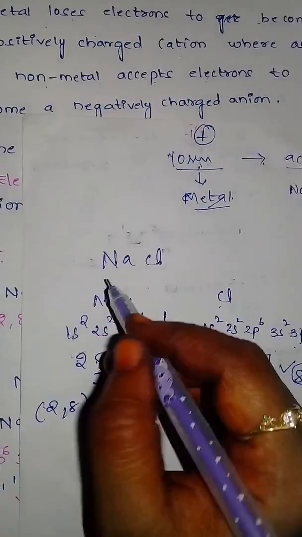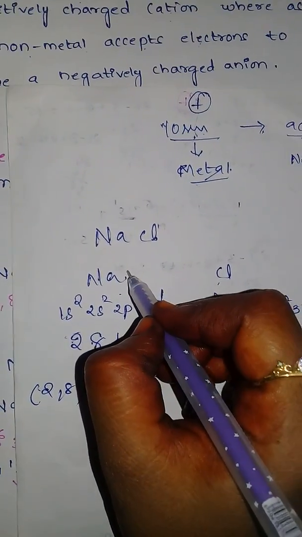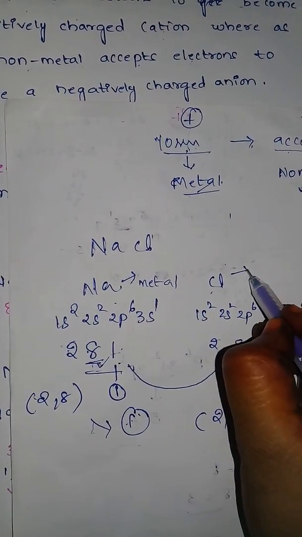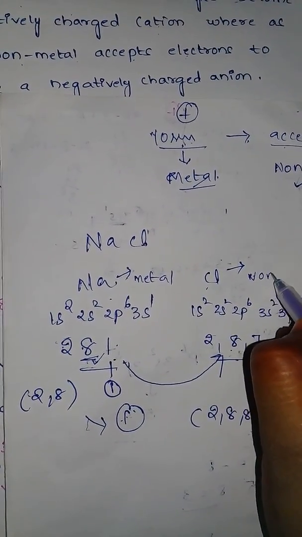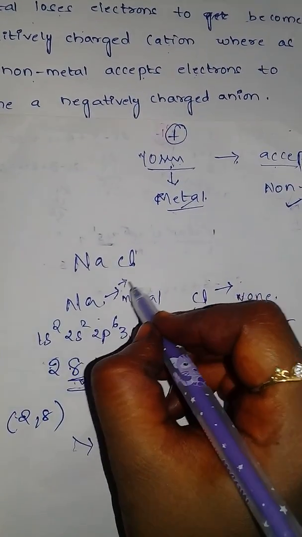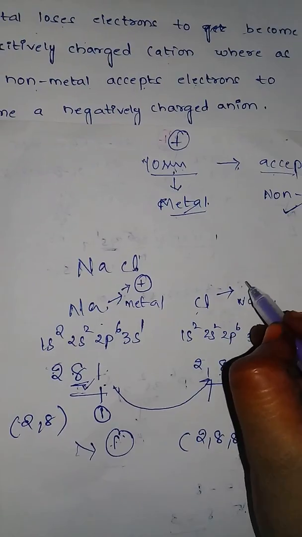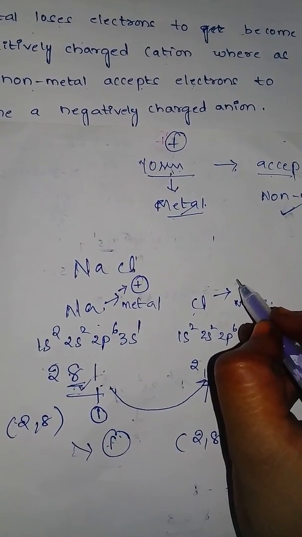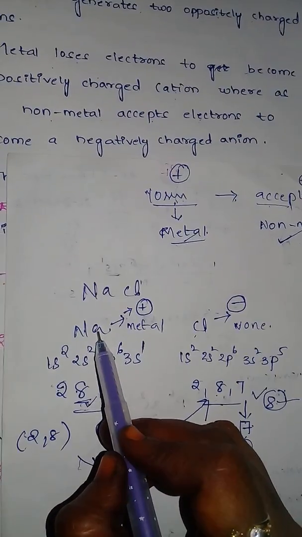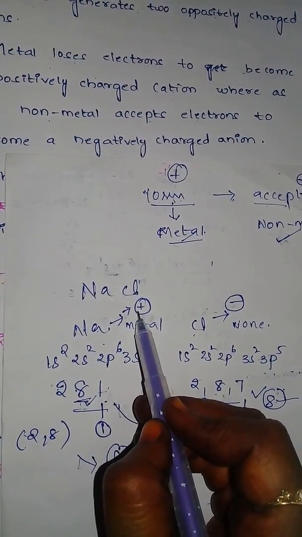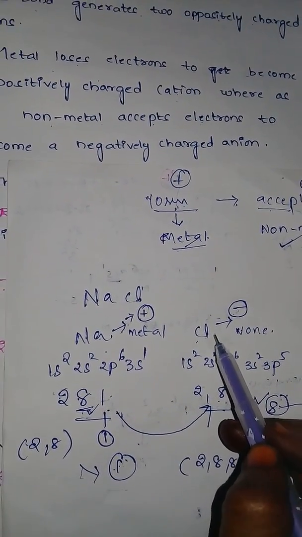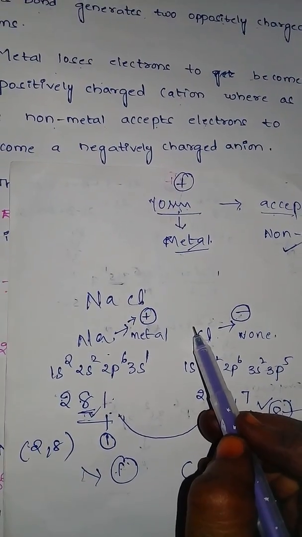As we already discussed, the element which loses electrons is known as metal, and the element which accepts electrons is known as non-metal. The metal which loses electrons attains a positively charged cation, and the element which accepts electrons attains a negatively charged anion. So sodium attains positively charged cation and chlorine attains negatively charged anion by accepting electrons from sodium.